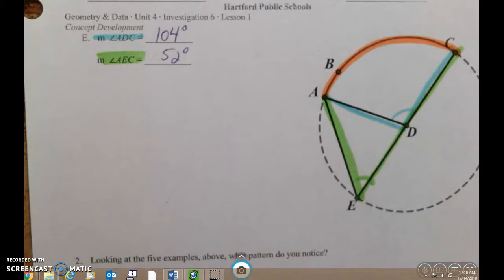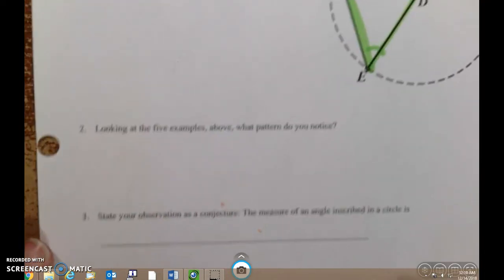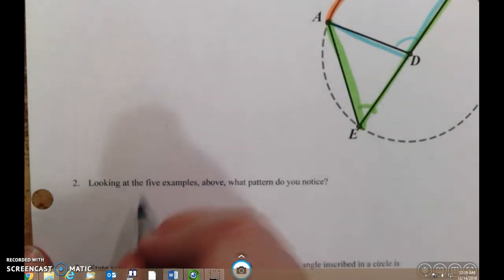Hopefully by now you're starting to see the pattern that the inscribed angle is always half of the measure of the central angle that intercepts the same arc. So let's write that down below for number 2. What pattern did we notice?